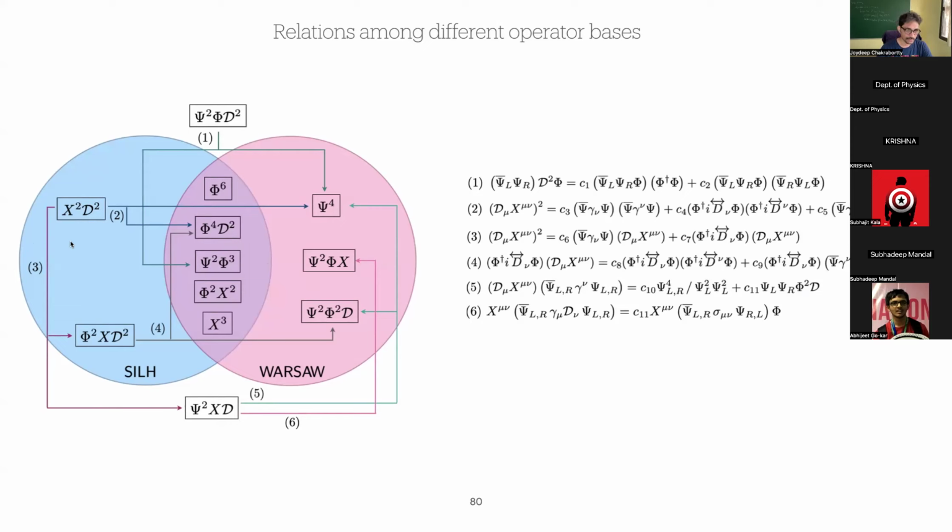That is the reason people choose different kinds of bases, to make the impact of the operators more transparent. Otherwise, everything is captured everywhere, but somewhere it is so masked that it's very difficult to extract that information.